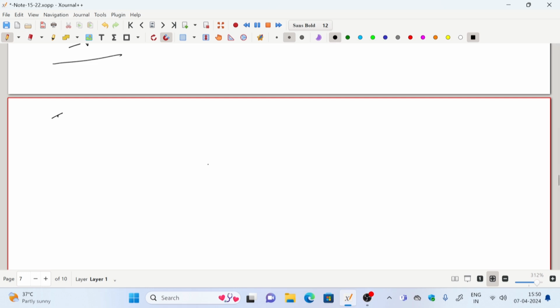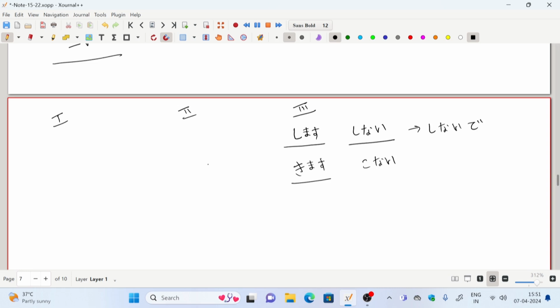So let's make all three groups, first, second and third, change into nai. Shimasu, shinaide, shinai. Kimasu, konai. The te form of this shinai will be shinaide. Konai will be konaide.